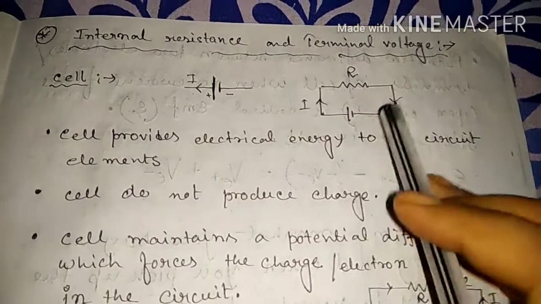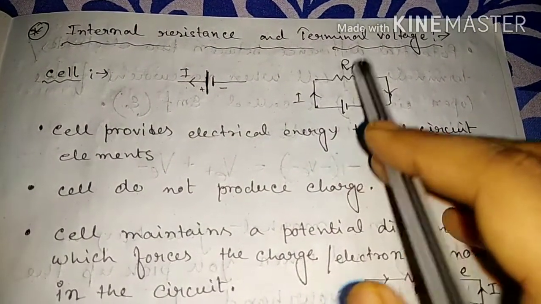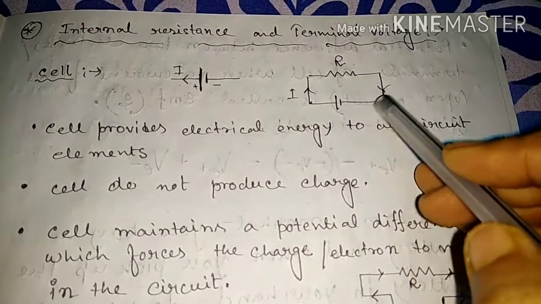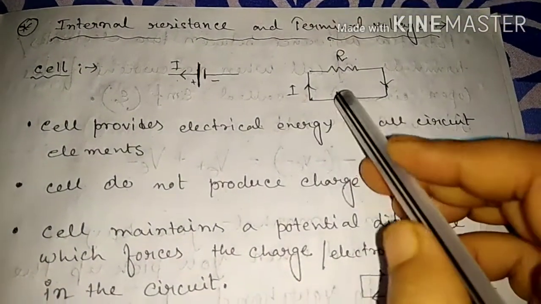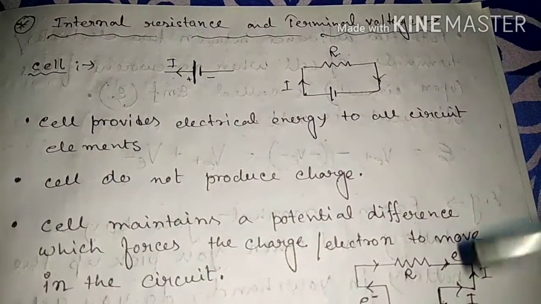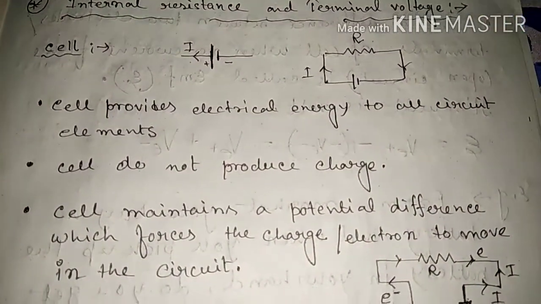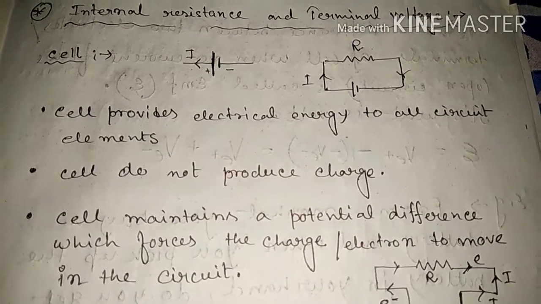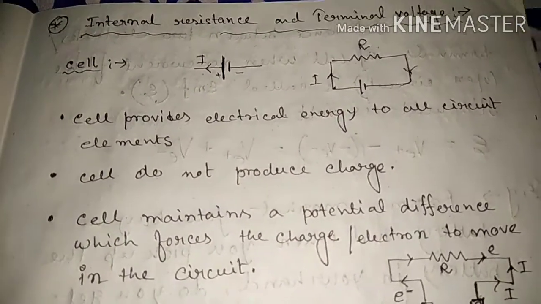Energy means when charges flow from positive to negative across this resistance or any electrical device, they lose energy, and when they enter the negative terminal, they have lost all their energy. Then, from negative to positive, in between they gain energy and again move. So the battery provides electrical energy to the electrical charge, or we can say that the battery or cell provides electrical energy to all circuit elements.